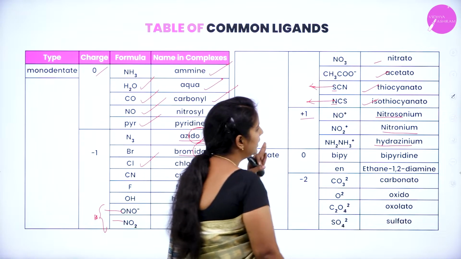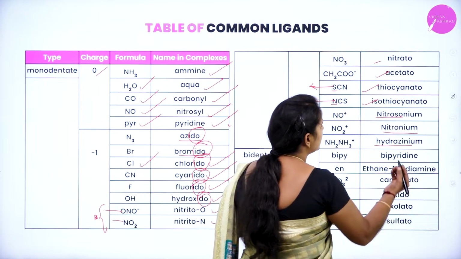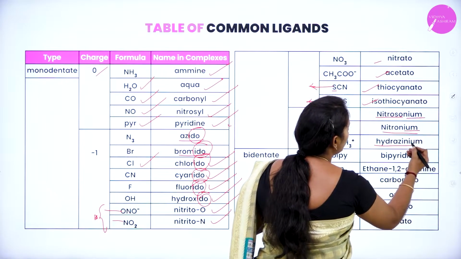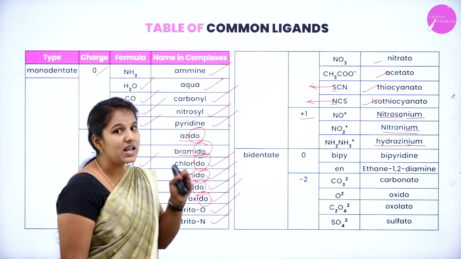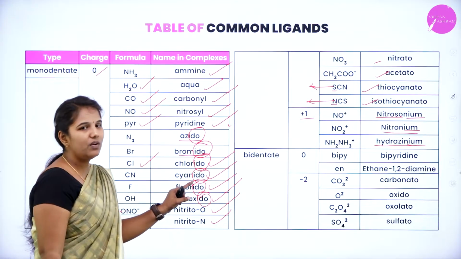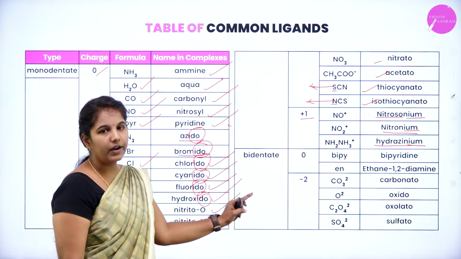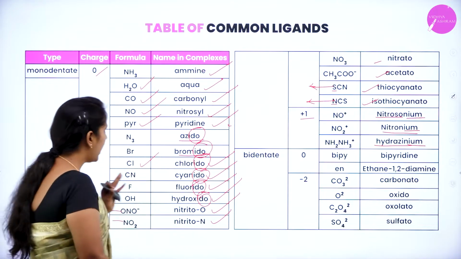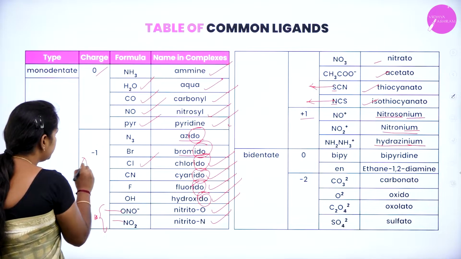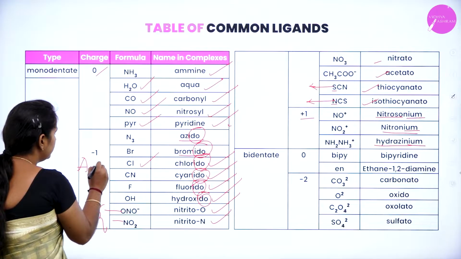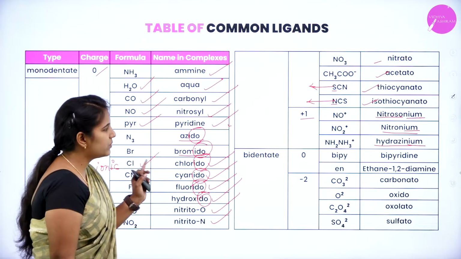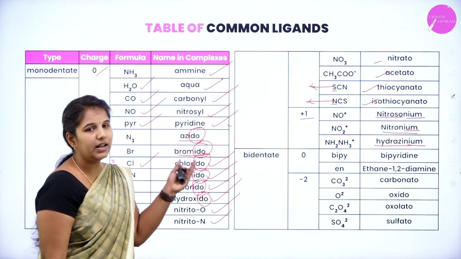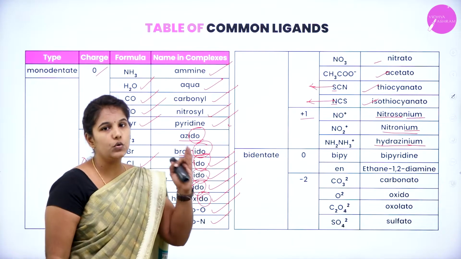You can see that cationic ligands always end with IUM, whereas anionic ligands end with IDO. Okay, always remember: anionic ligands end with IDO, and similarly, cationic ligands end with IUM.